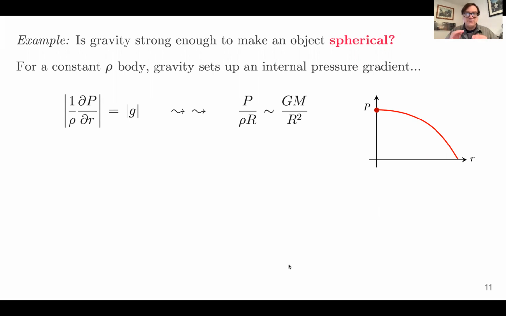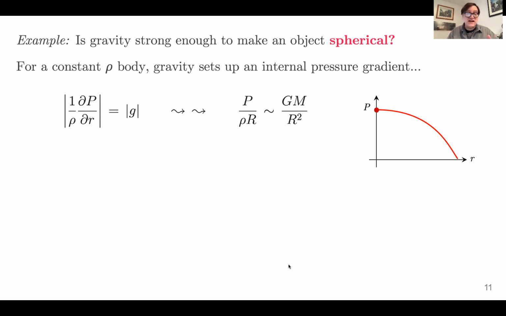So the apples to apples comparison is going to be the hydrostatic pressure gradient that gets set up due to gravity and thus creates a high central pressure in an object. You can estimate that, of course, just by balancing the pressure gradient force and the gravitational force.